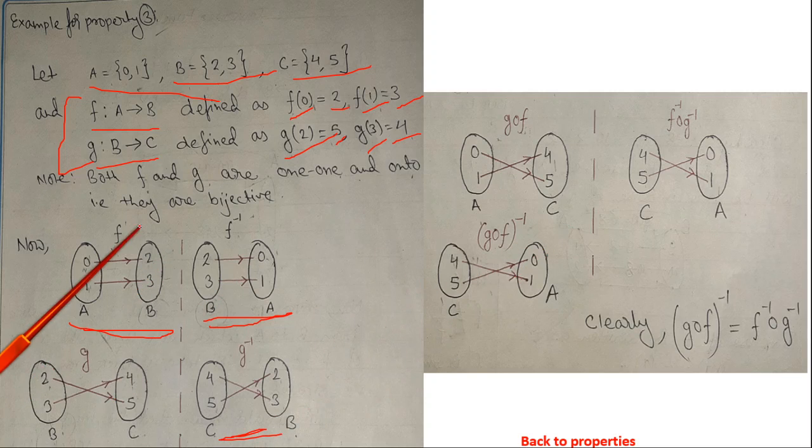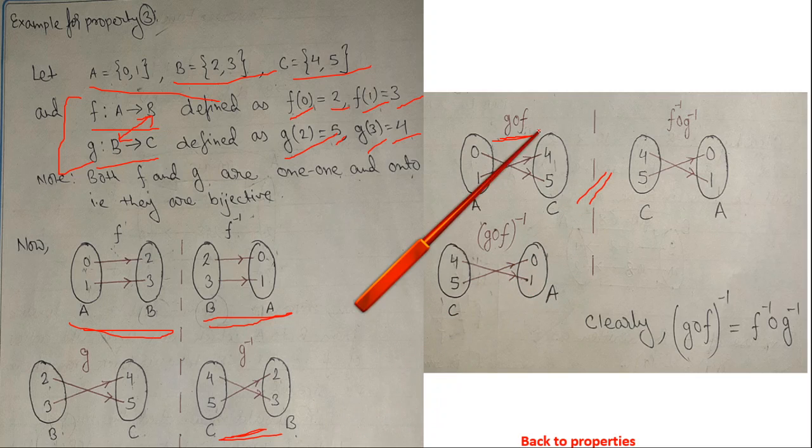Now here we see that F is from A to B and G is from B to C. So here these two are same, so we can have a function F composite G from set A to C, and F composite G will be this.